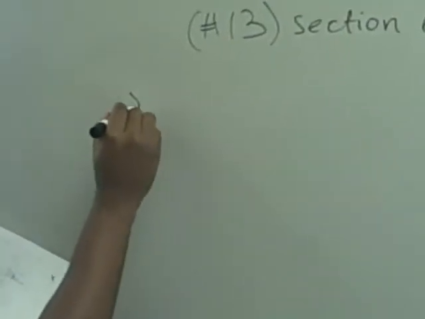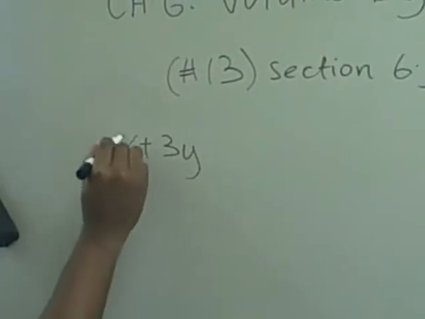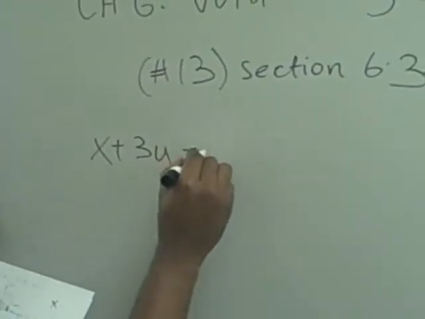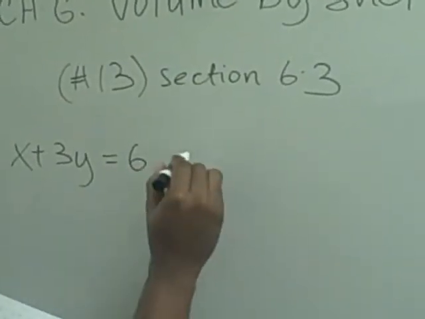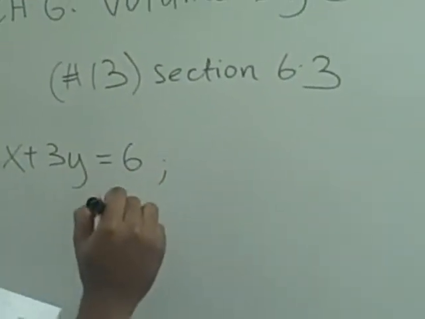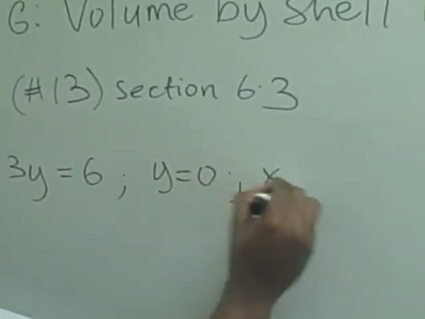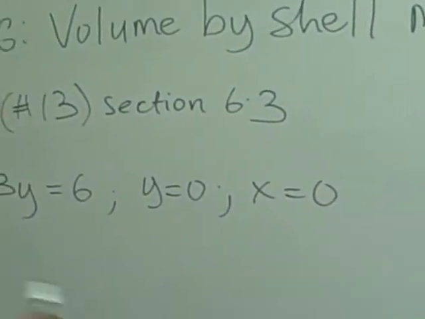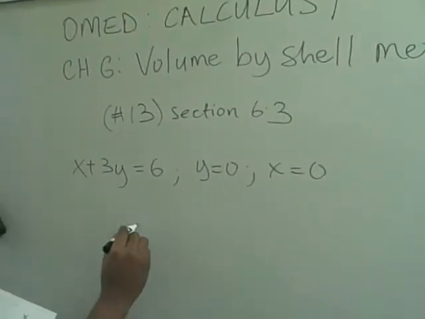The first one, x plus 3y equals 6, about the x-axis with these boundaries, y equals 0 and x equals 0. So you're going to revolve this about the x-axis. To help us do that, we're going to draw a graph.